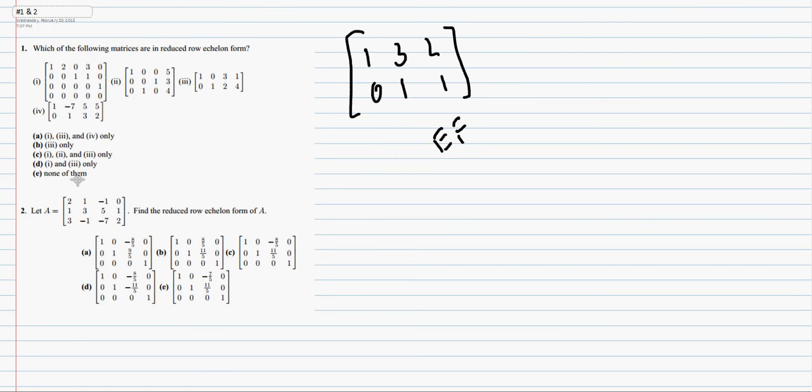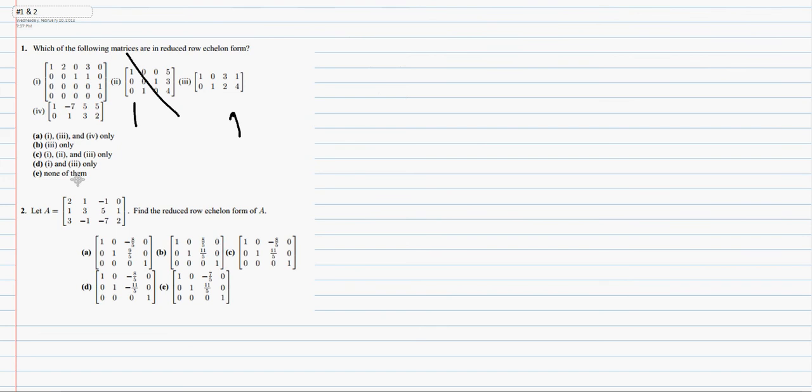Now, going to number one, we have these four different chances of getting a reduced row echelon form. First of all, we can limit our possibilities by first crossing out this one, because we have a 0 over here, and that doesn't make sense.